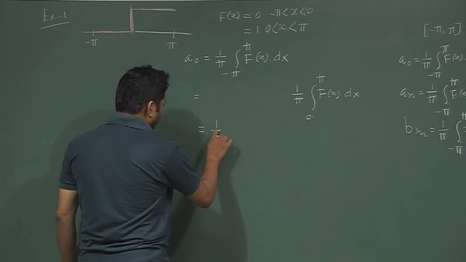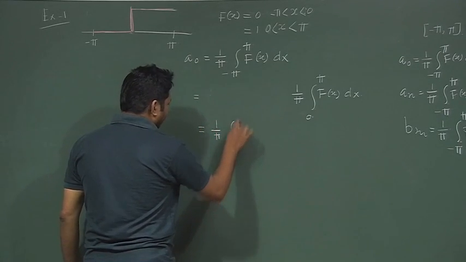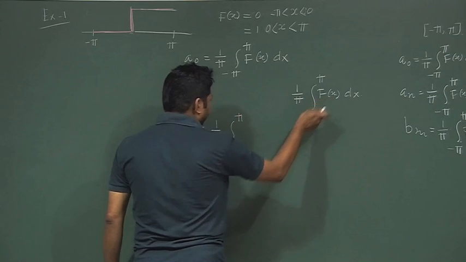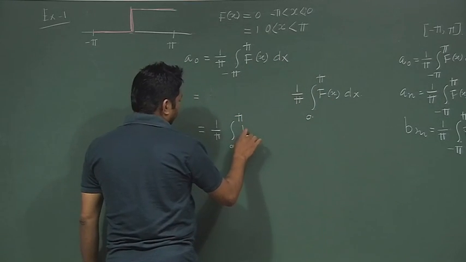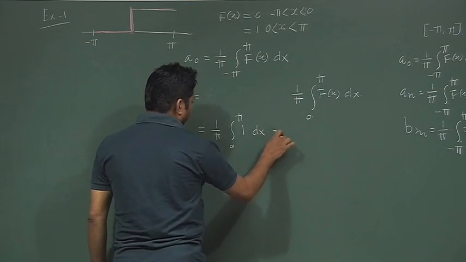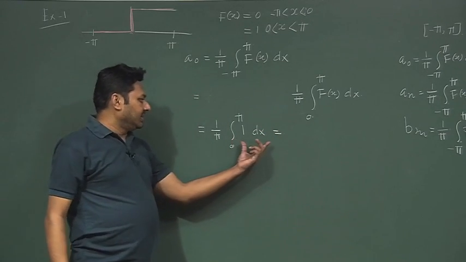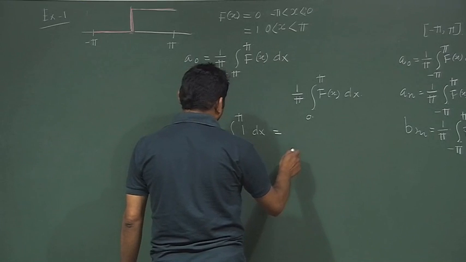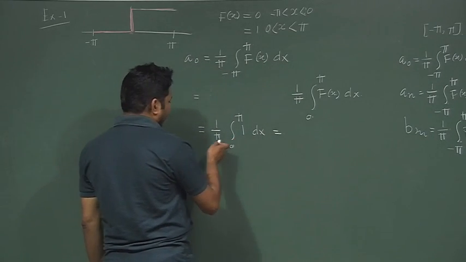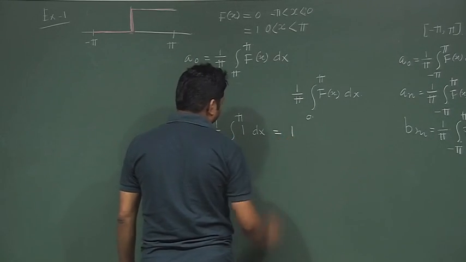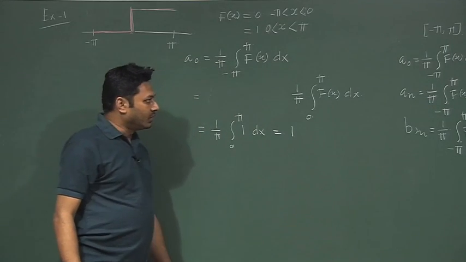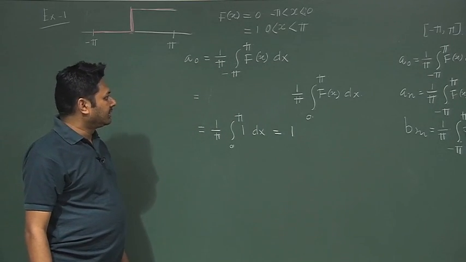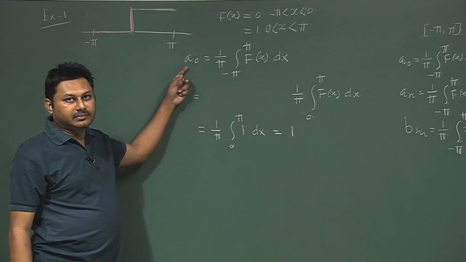Very easy: 1 by pi, integral from 0 to pi, the value of the function in this limit is 1, so 1 dx. Eventually we have pi, and 1 by pi is there, so we should have 1. So a0 is 1 in my case.